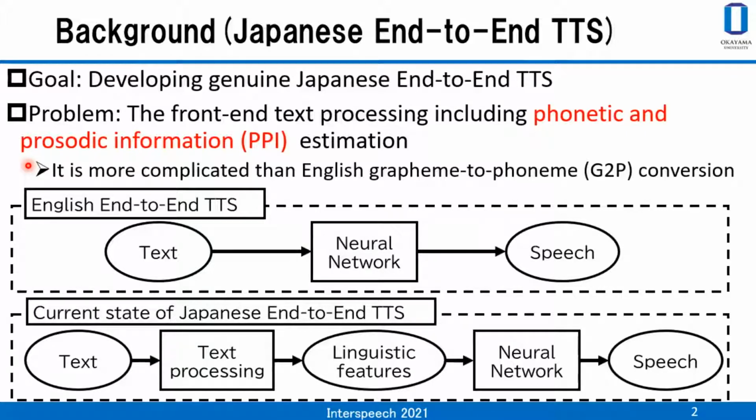In addition, the conventional PPI estimation takes expensive cost. At the current state, for the end-to-end Japanese TTS systems, inputs of TTS are estimated by conventional rule-based or statistical-based modules, or are given as a manually annotated source.